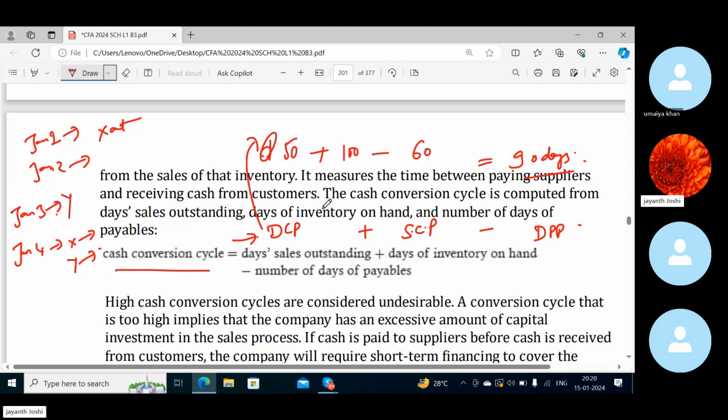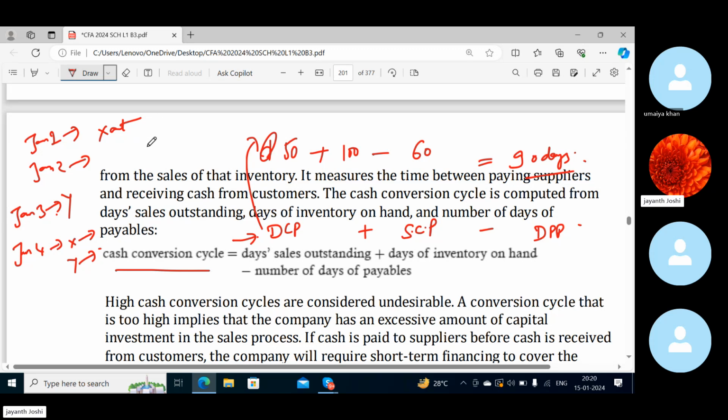One thing I would like to tell you: the cash conversion cycle should not be for a long period. A high cash conversion cycle is not good for the company. A short cash conversion cycle is good for the company because it shows faster conversion of inventory and receivables into cash, and the payments are also made faster.